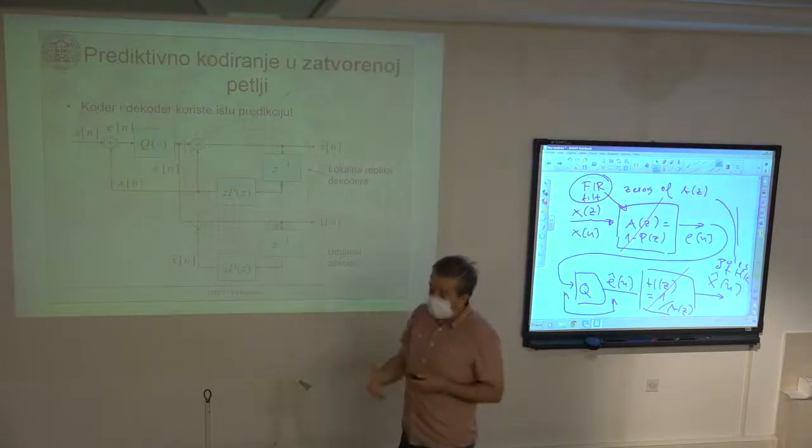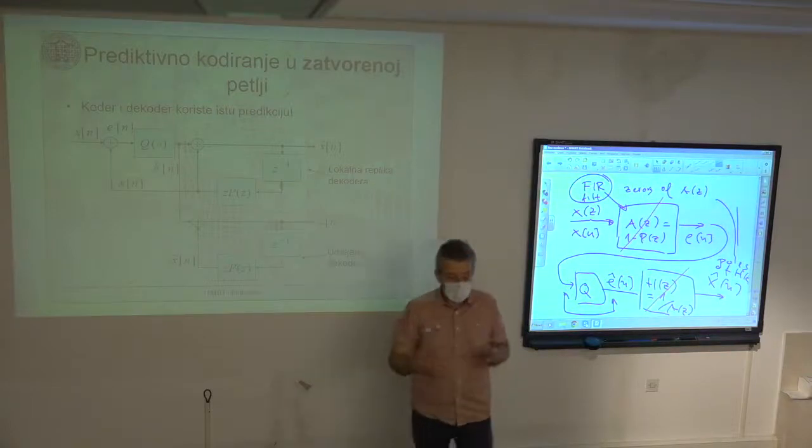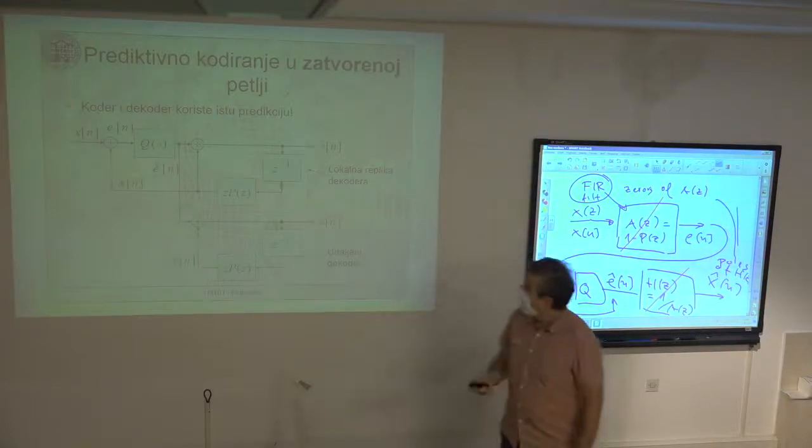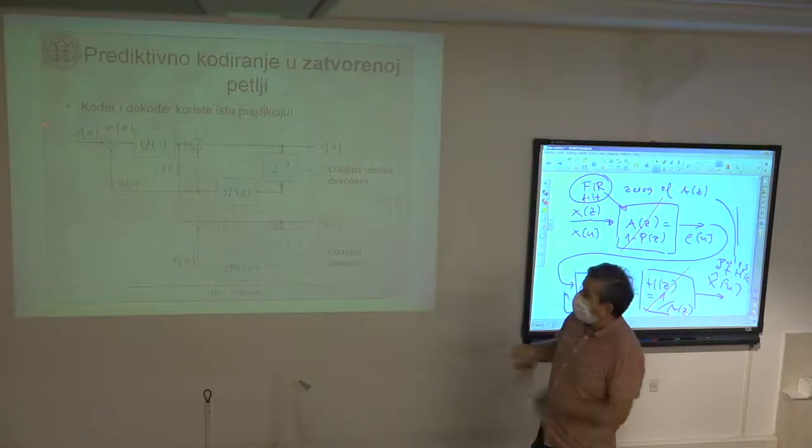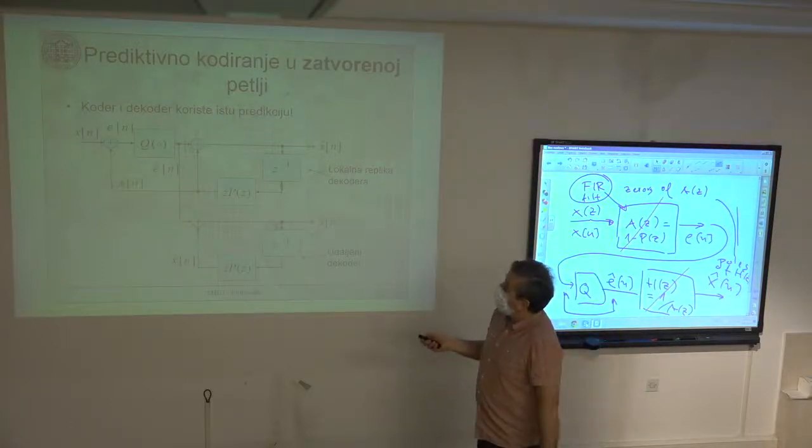For that reason, such backward adaptation of the prediction is suboptimal, because I use the previous correlation properties of the signal to adapt to the forthcoming part of the signal that will be encoded with this predictor.